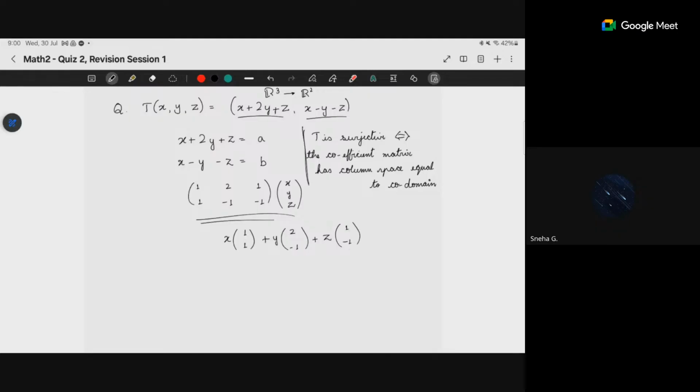But what is the set of all possible values of this expression as you vary x, y, and z? What is that thing called?